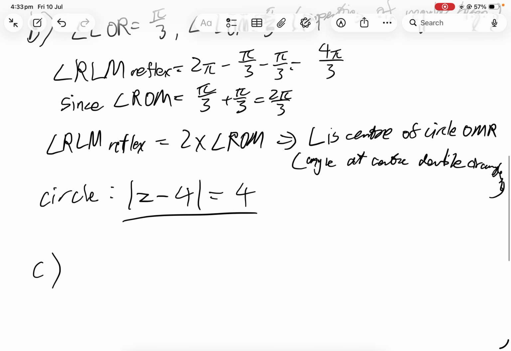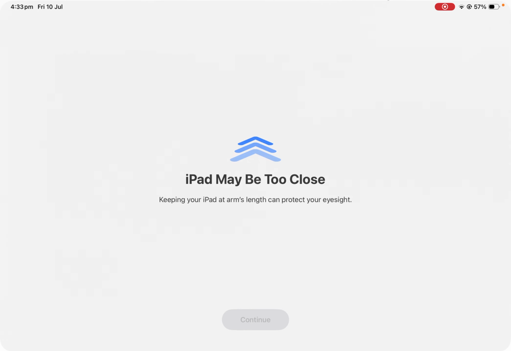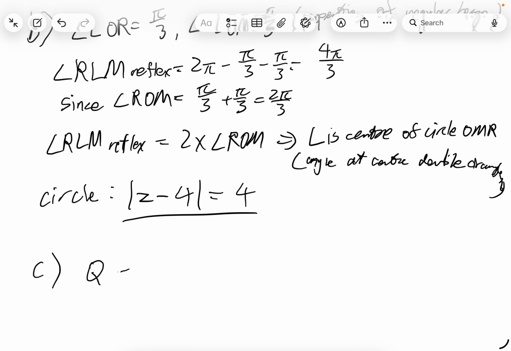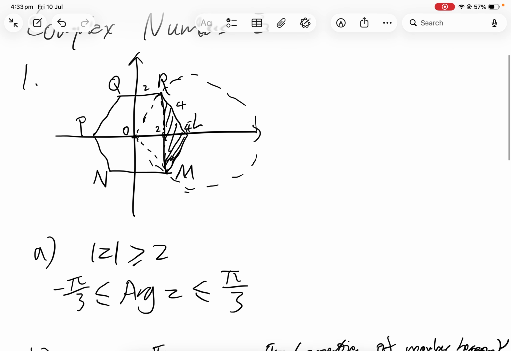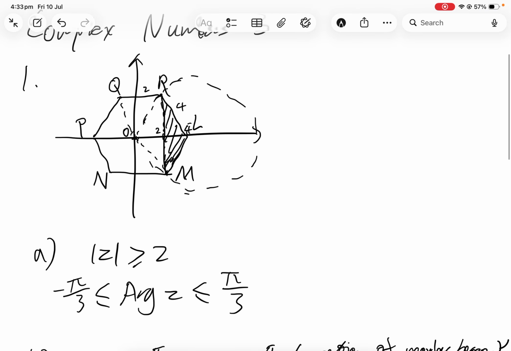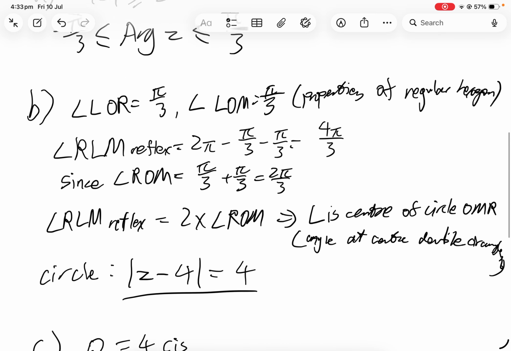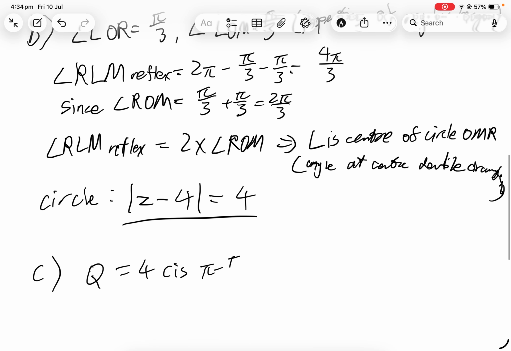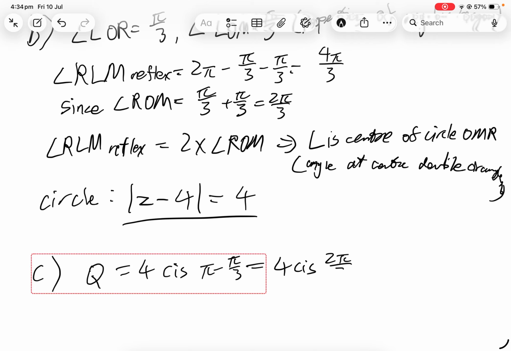That basically means that Q is just 4 cis. Well, if we draw a line here, we know that that's 60, which is pi on 3. Then that just must be pi take pi on 3, which means it is 4 cis 2 pi on 3 because it's in Q2.